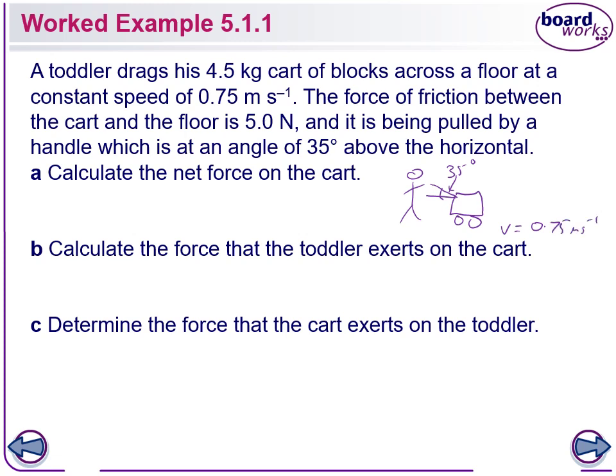And we know that there is a frictional force between the cart and the floor of 5 newtons. Friction always opposes motion, so the friction will be pulling against the direction of motion. All right, so there's our diagram. Now we're ready to tackle these questions.